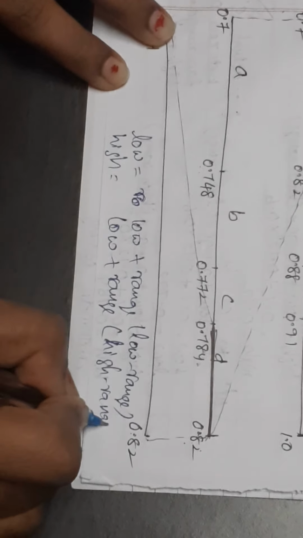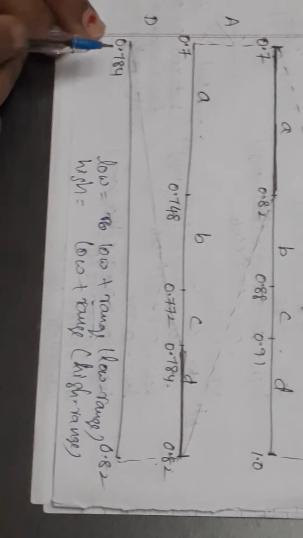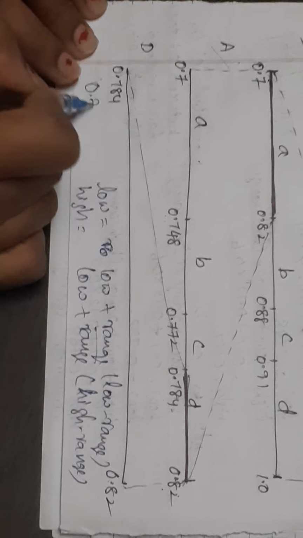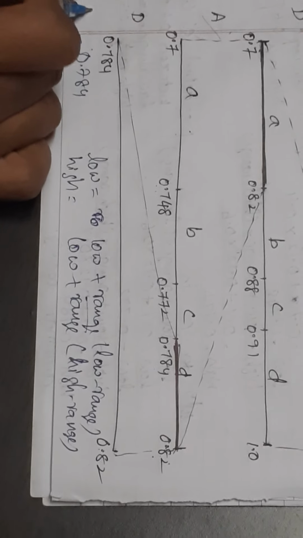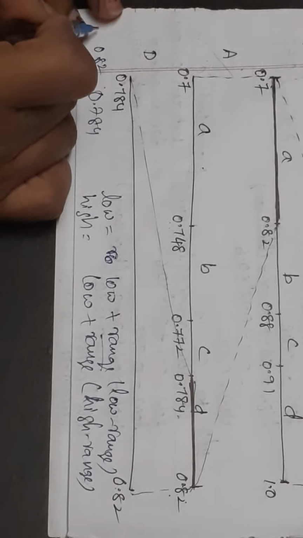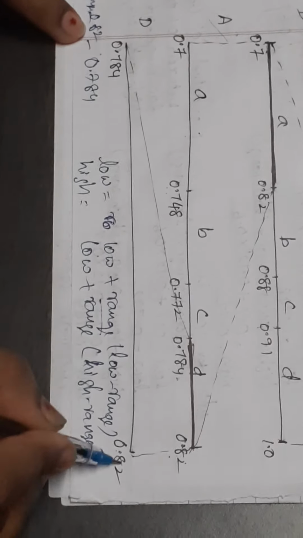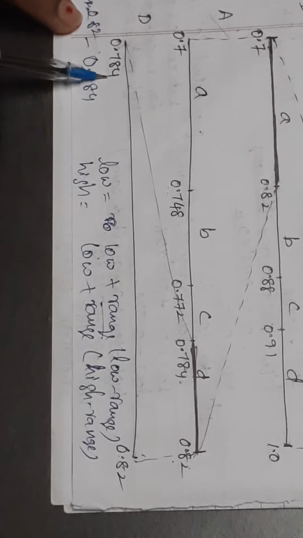So here the range value is nothing but the difference between 0.82 and 0.784. This is your range value. And here the low value for this interval is 0.784.